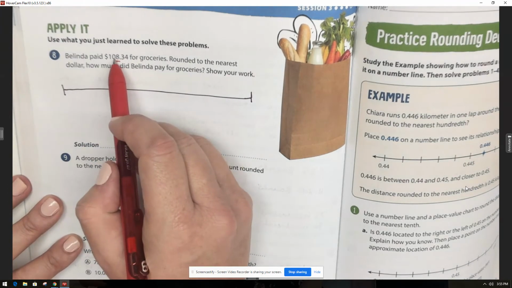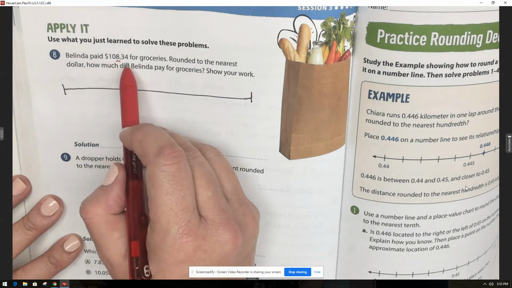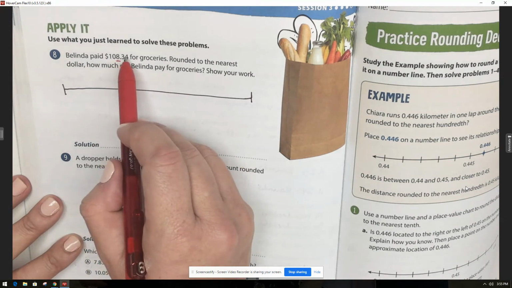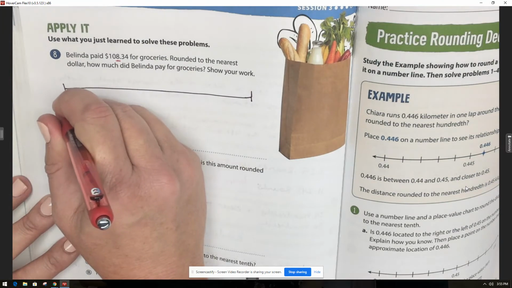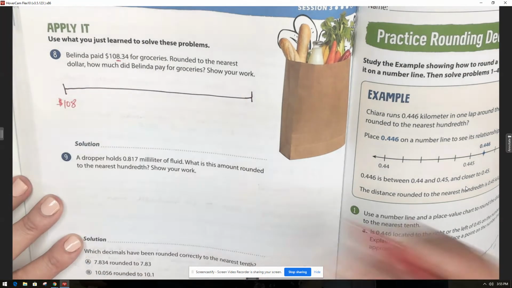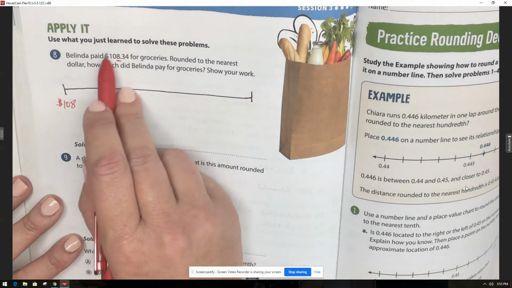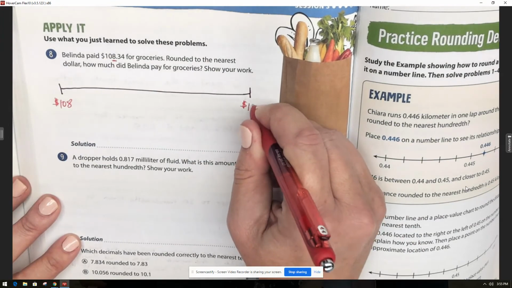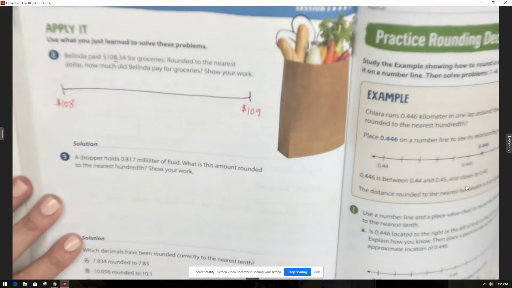So I know that the lower end of my number line is going to be 108, because I know that this number is greater than 108 because of the cents. So this is going to be $108. Now over here, I see that this number is also less than $109. So I'm going to make that end $109.